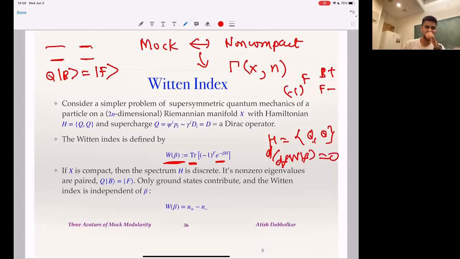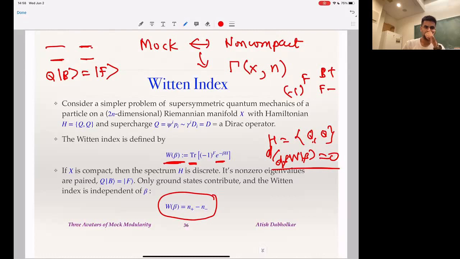However, if the manifold is non-compact, as we will show you, you cannot actually make this assertion. And that's actually very similar to the holomorphic anomaly equation that I told you about. So W of beta, at beta going to 0, gives you the elliptic genus, the Atiyah-Singer index. But you can evaluate it in the other limit of beta going to infinity, or vice versa.